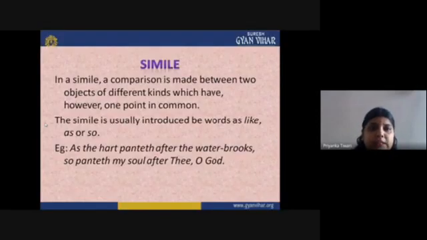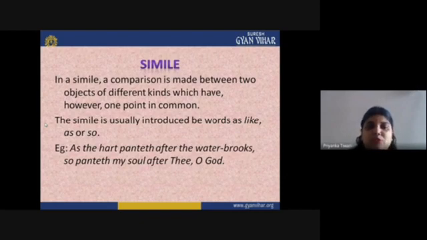Now, simile means we are just comparing. In a simile, a comparison is made between two objects.